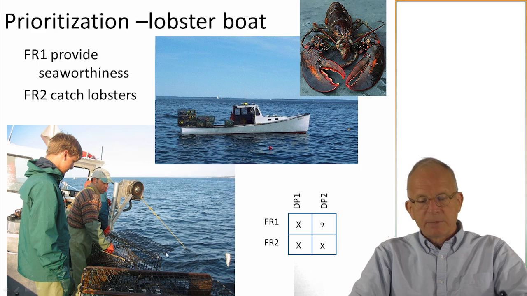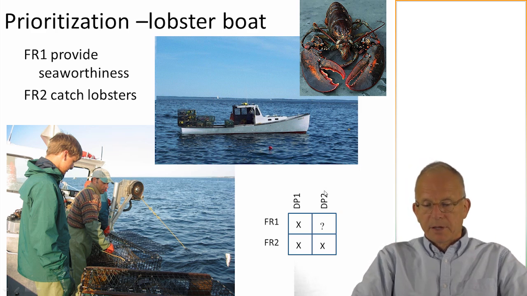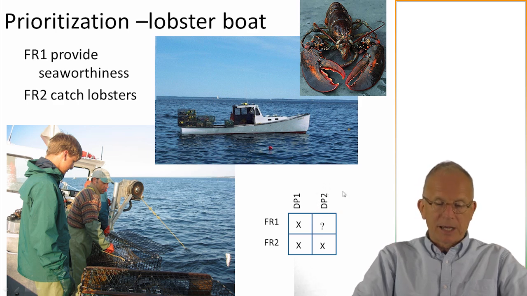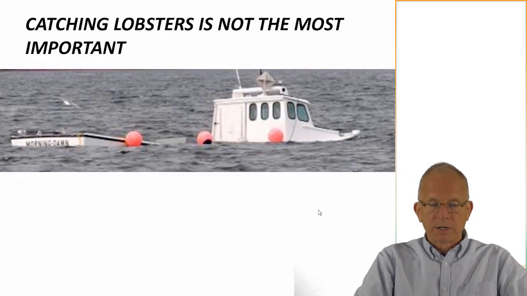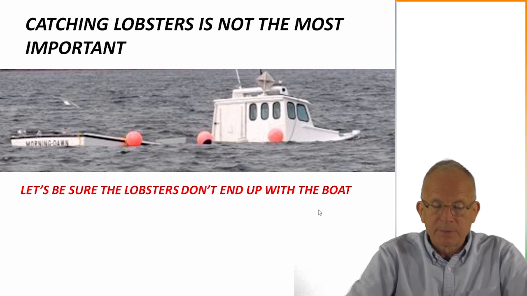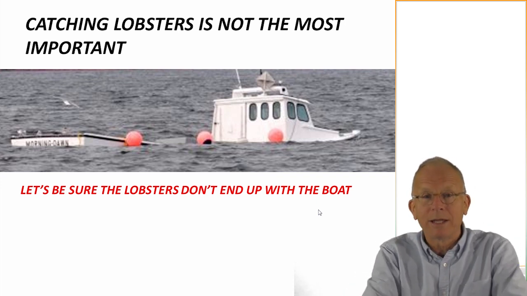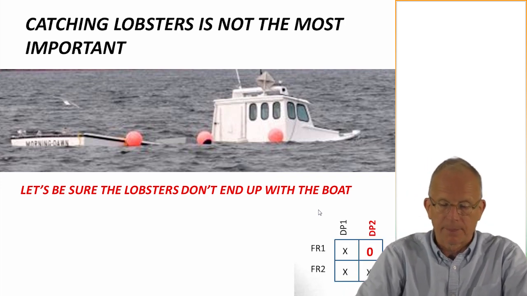So there seems to be some risk here for DP2, which is going to be the lobster catching system. We certainly want that to help us catch lobsters, but what's it going to do to the seaworthiness? Because after all, there are things more important than catching the lobster. Catching the lobster is not the most important thing. Let's be sure that the lobsters don't end up with the boat.